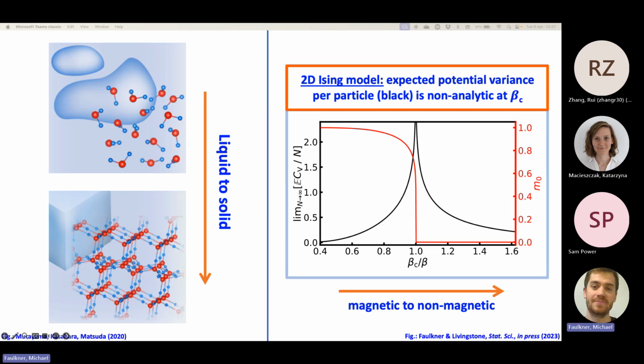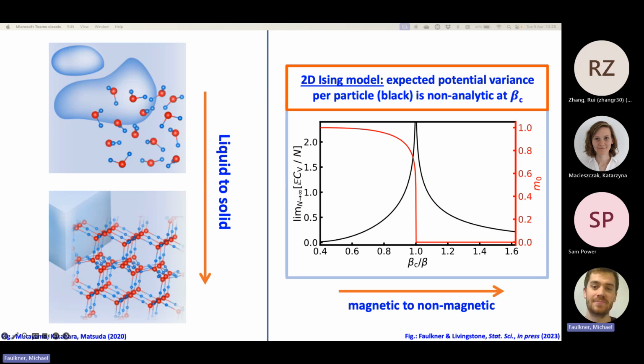When normalized by n in the large n limit, it's non-analytic. But it's still the expected variance of u. It's defined as that.